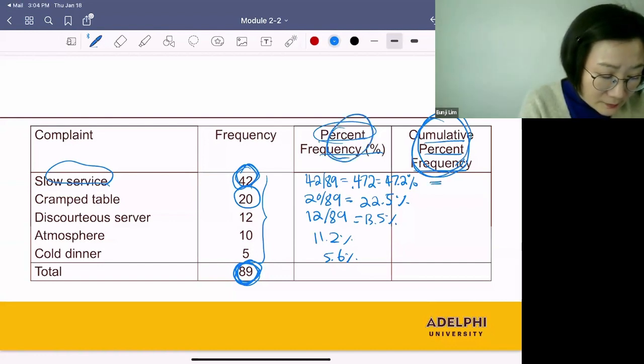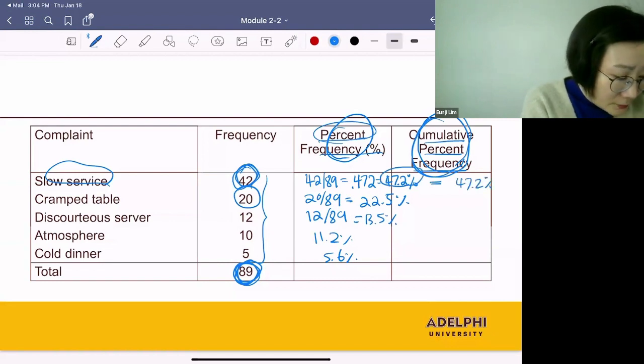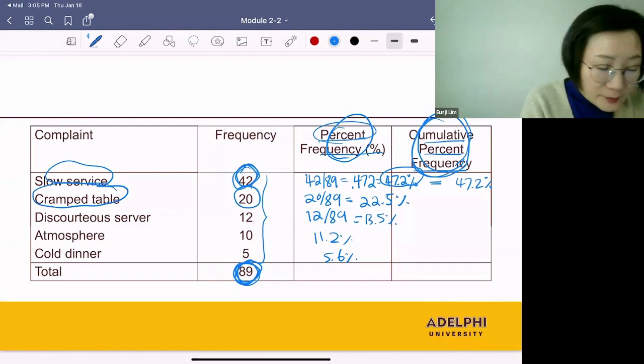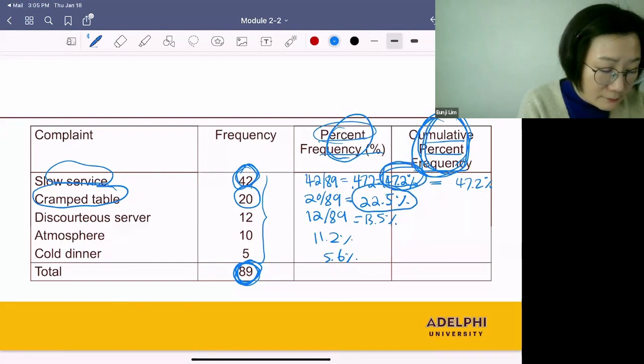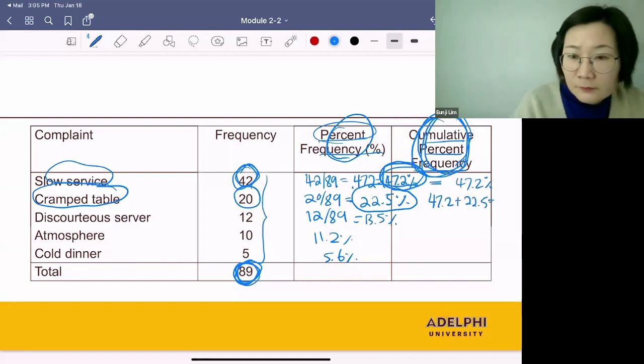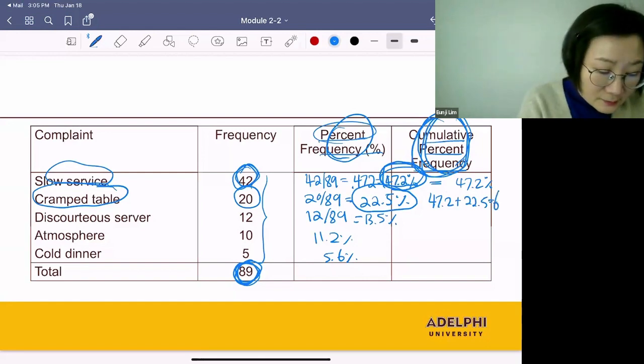This is the same as the 47.2. But for the second one, cramped tables, the cumulative percentage frequency is the sum of the current number and the previous number, which is 47.2. That's 47.2 plus 22.5, which is 69.7.